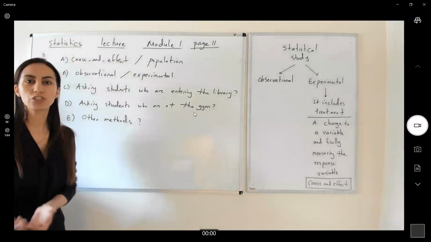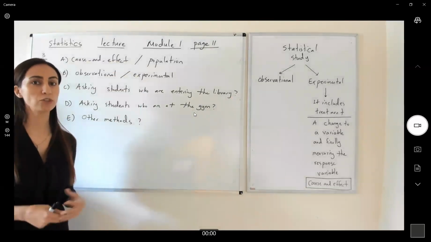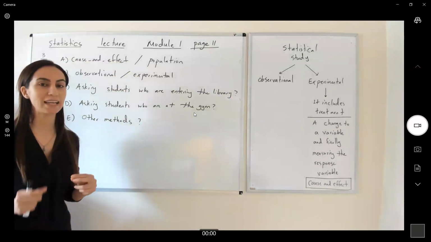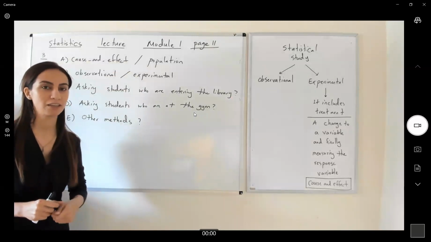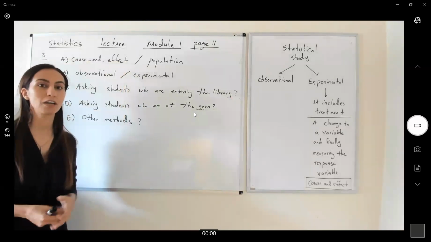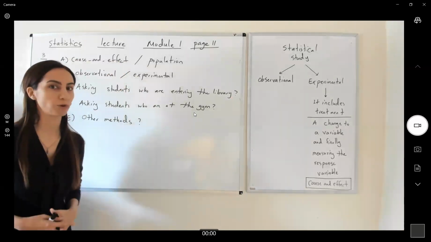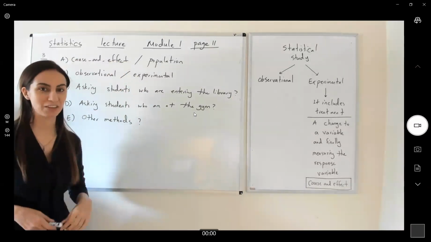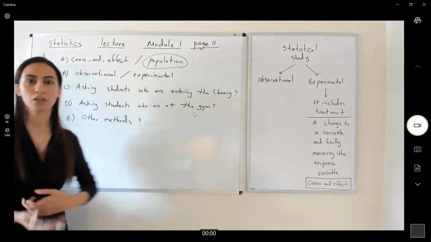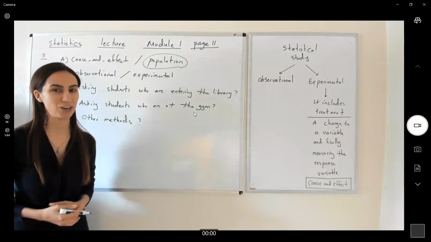So first of all, we're just asking a question. Would you pay the fee or not? I'm not asking if paying the fee has an effect on the library being open or not. That's a totally different question. This is a question about population. Will you pay the fee or not?